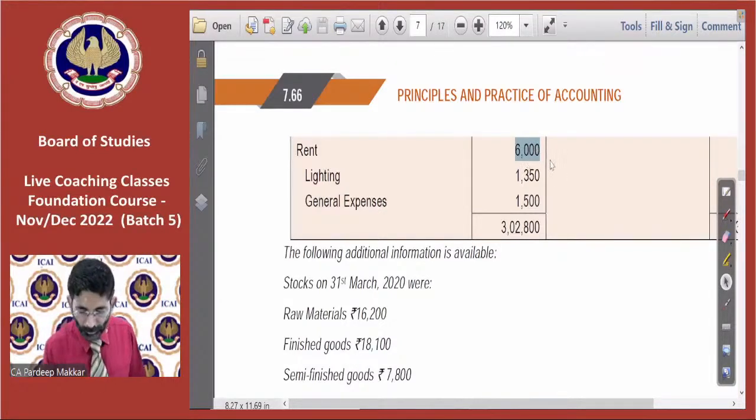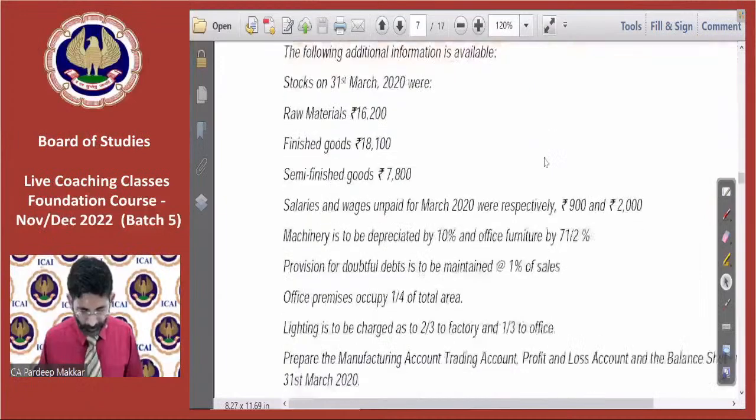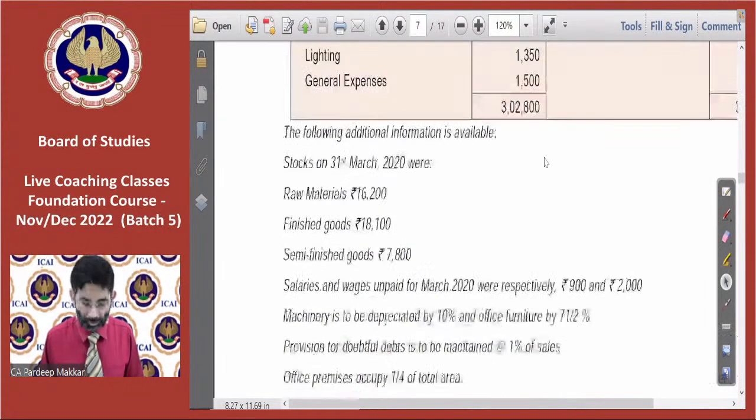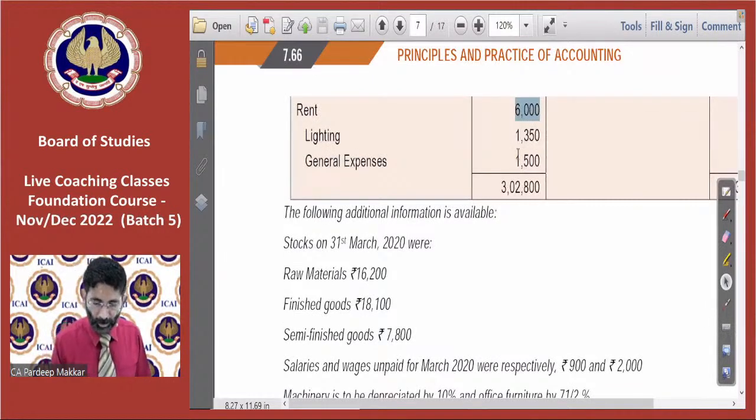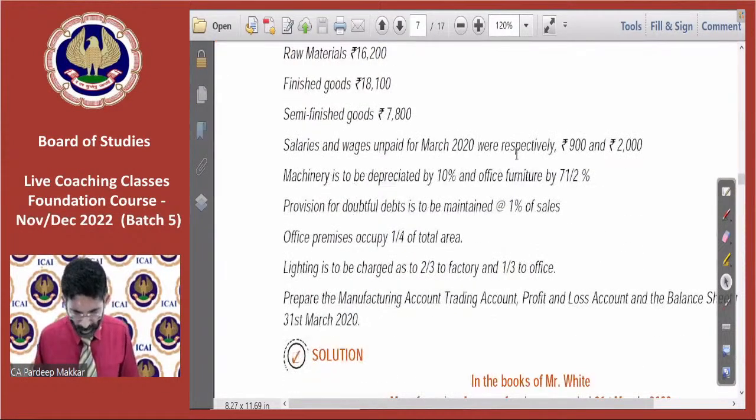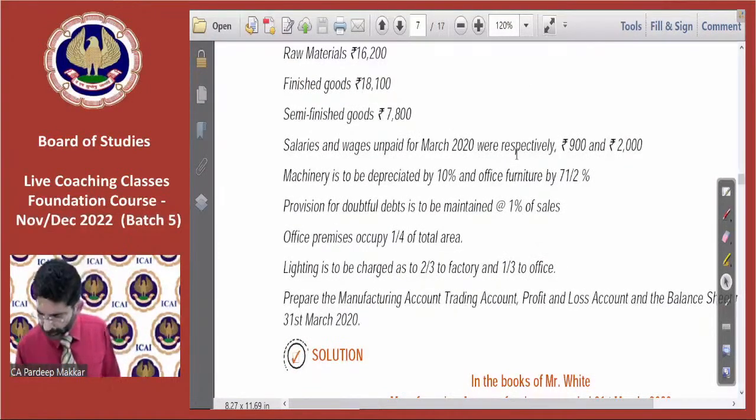So 4,500 will go to manufacturing account and 1,500 will go to your profit and loss account. Then lighting is to be charged in 2:1 ratio. Means lighting 1,350, 900 will go to your factory manufacturing account, and 450 will go to profit and loss account. Very simple, nothing else is there.